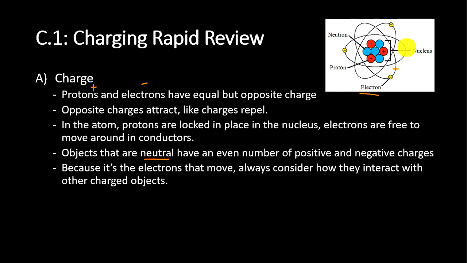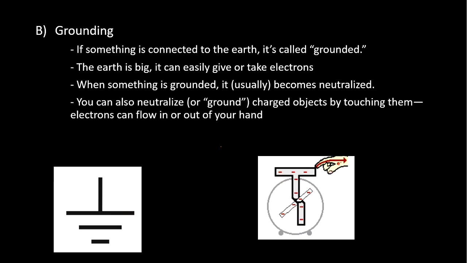If something becomes negatively charged, then electrons must have been added. But we will not be talking about protons being added or removed to a material or from one place to another place. That's simply not happening. Last thing, I kind of skipped over it. If something is neutral, it just means there's an even number of positive and negative charges.